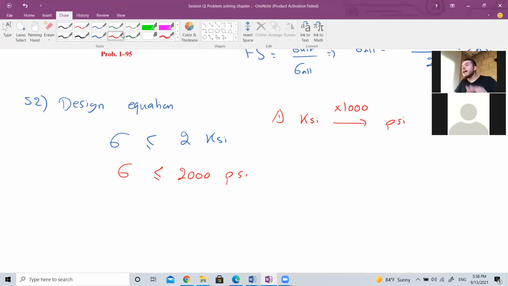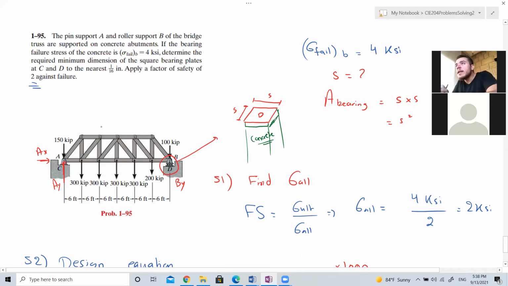Focus with me, Hassan. We are required to find the minimum dimension of the square at both C and D. So I need to find this one and this one. What is the force at C? How can you determine the force at C and the force at D? I have AY.